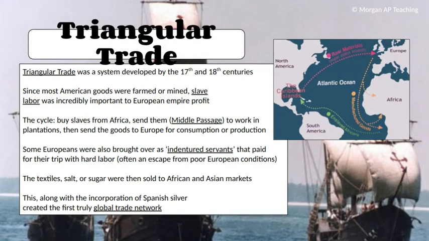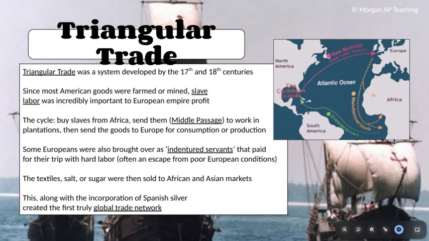The textiles, salt, or sugar were then sold to African and Asian markets. This, along with the incorporation of Spanish silver, created the first truly global trade network. So, what that means is, for example, Europe would take their manufactured goods and sell them to Africa.